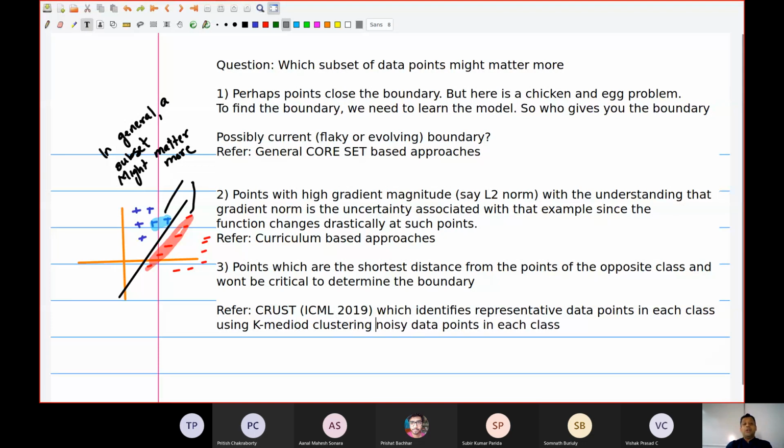Now it can do this based on gradients, so there have been variants there. You can do the clustering in feature space, or in gradient space. Since you're already motivated, gradient has a lot of information.